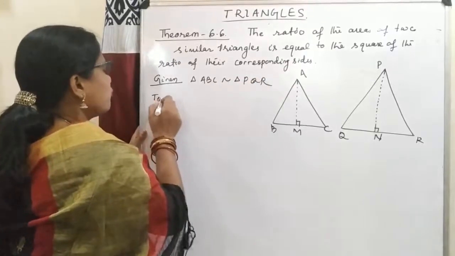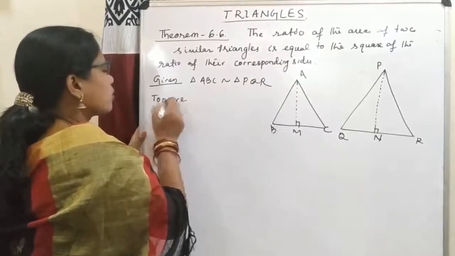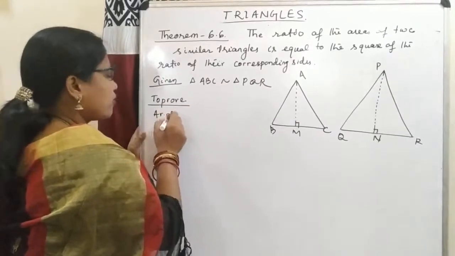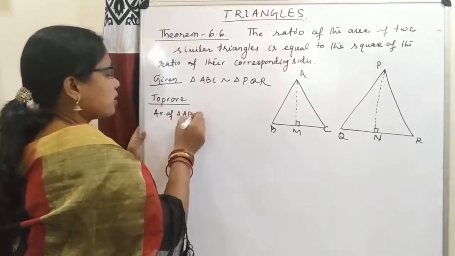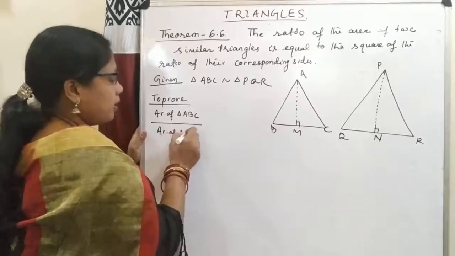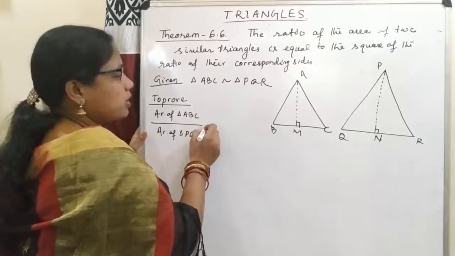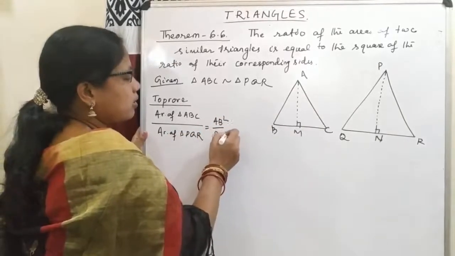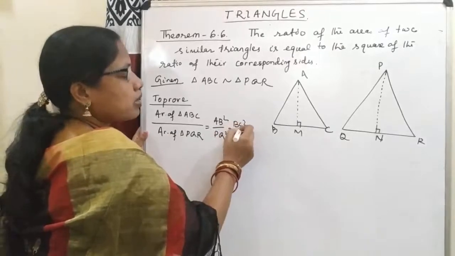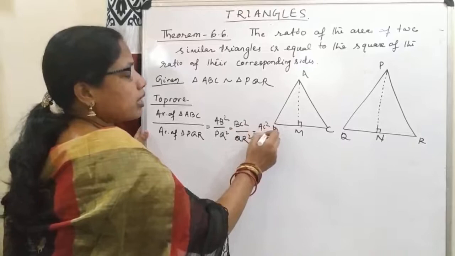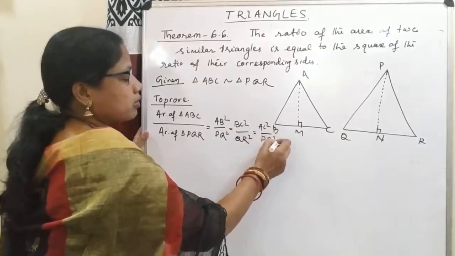Then to prove, we have to prove area of triangle ABC by area of triangle PQR is equal to AB square by PQ square is equal to BC square by QR square is equal to AC square by PR square.